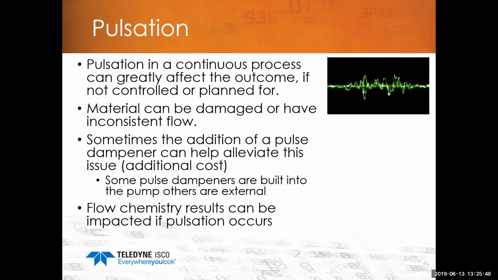Inconsistent flow can definitely change the outcome of a continuous processing application. You can add pulse dampeners in many cases, sometimes inline, sometimes to the product itself. Those will minimize it to the best of their ability, but there's a certain technology we talked about today, the syringe pumps. That is very pulseless.